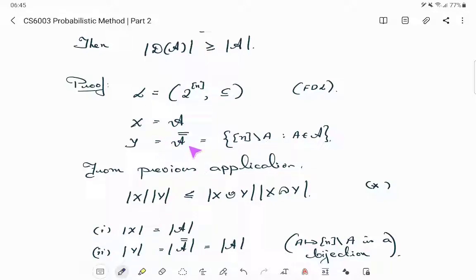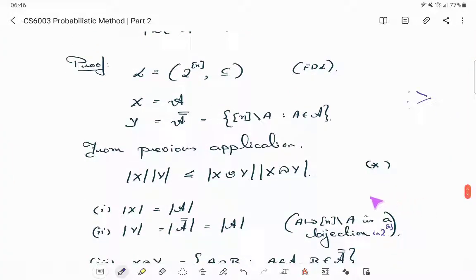For every set in the family A, you get exactly one set in the family A double bar, and there will be no collision, because if the complements of two sets are the same, then the original sets also have to be the same. So there is no collision occurring because of this operator, or more formally you can argue that the function which maps a set to its complement is a bijection inside of 2 power n.